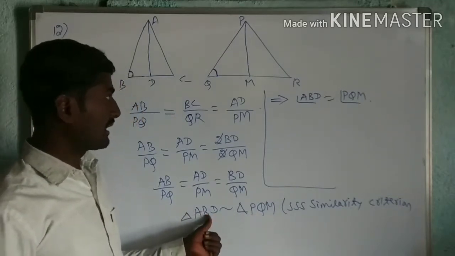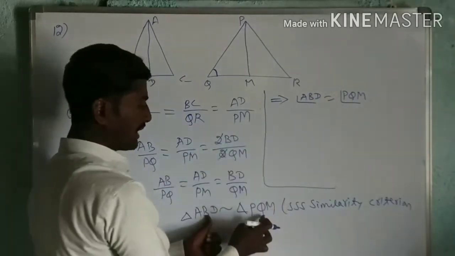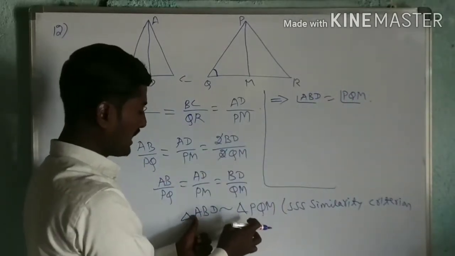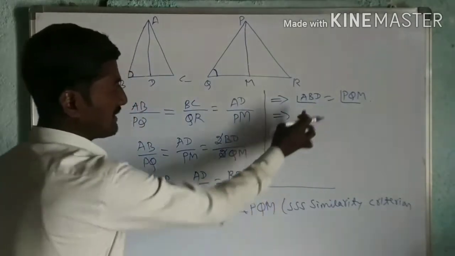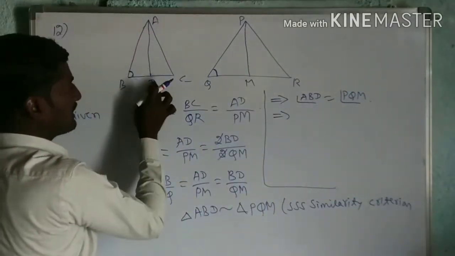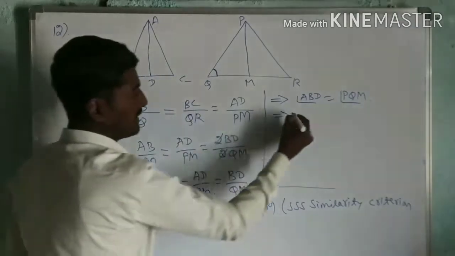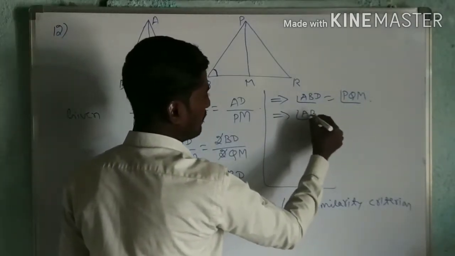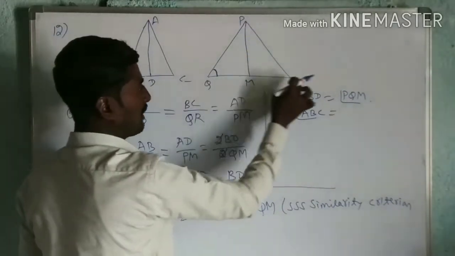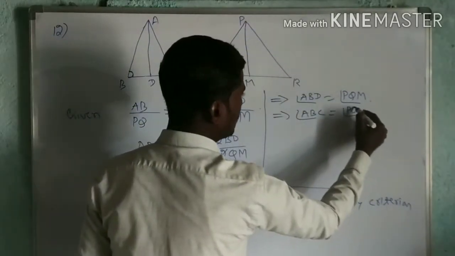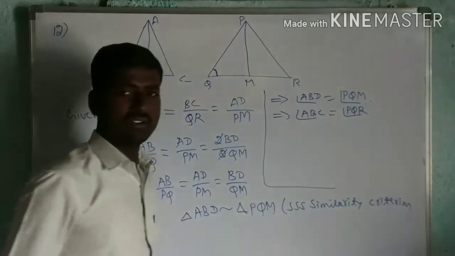So this ABD is nothing but angle ABC, and PQM can be written as PQR.